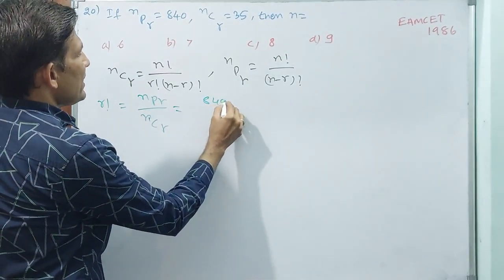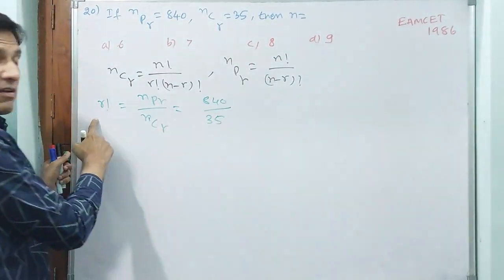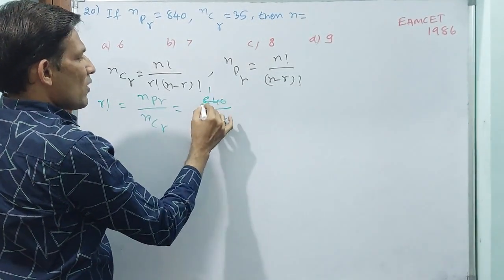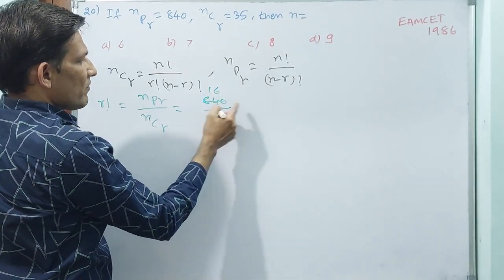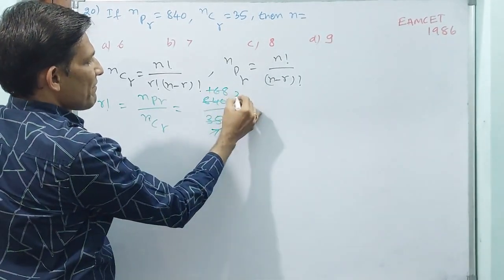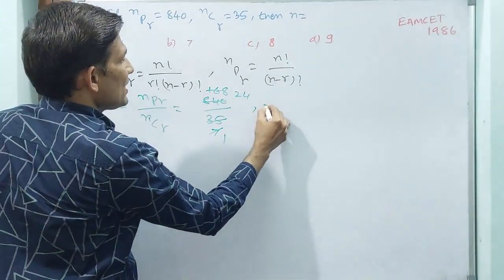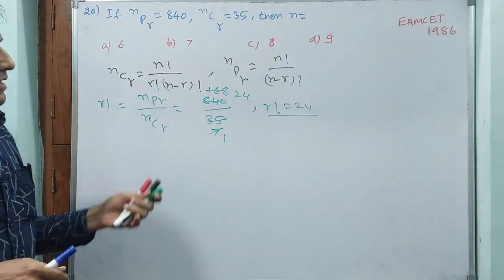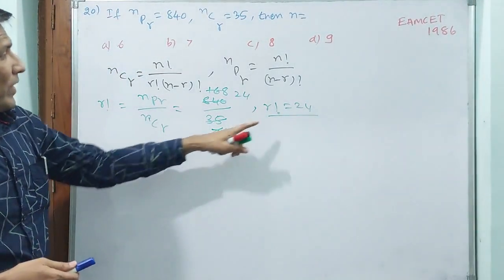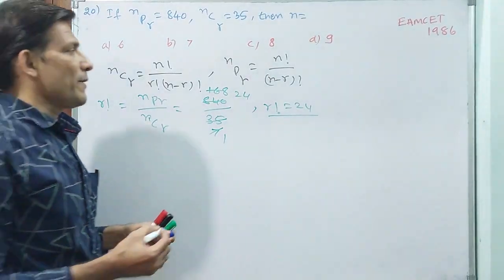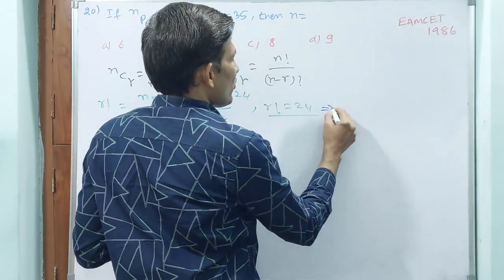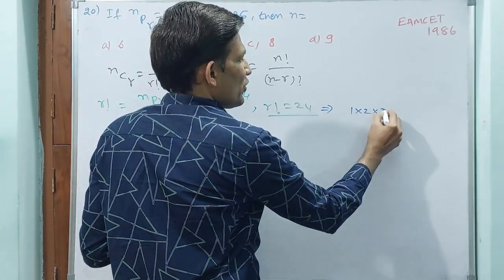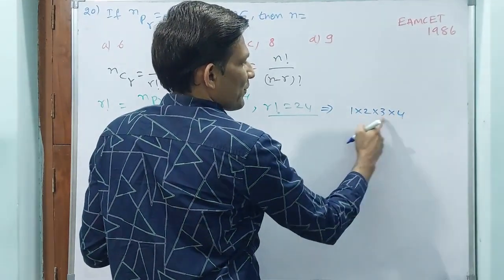That means nPr is how much? 840. 840 divided by 35. r factorial, this is: 5 sevens 35, 5 ones, 34, 5 sixes 40, 5 eights, 7 ones, 7 twos 14, 7 fours 28. That means r factorial is equal to 24. How to find r from r factorial 24? If you find r, then you can find n also. r factorial 24 implies, take from 1 onwards: 1 into 2 is 2, into 3 is 6, into 4 is 24.